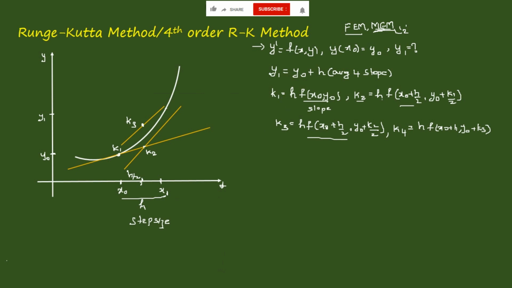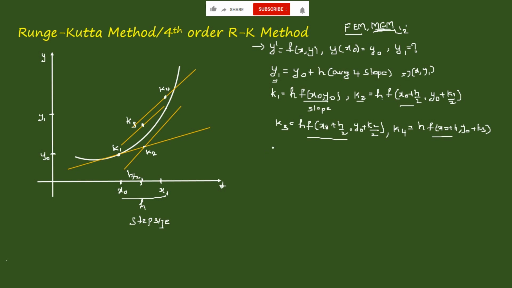We have to get the value of y1 only. So for k4 also we'll be finding the slope at x1, right? So at point B here somewhere, consider this particular point as k4.